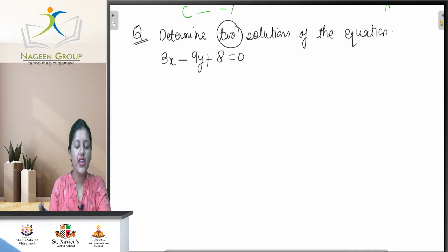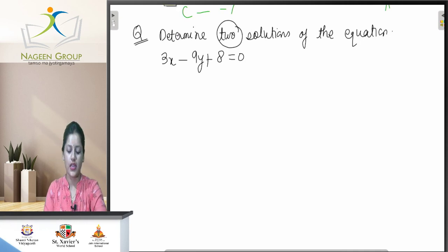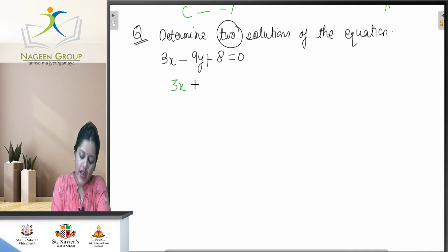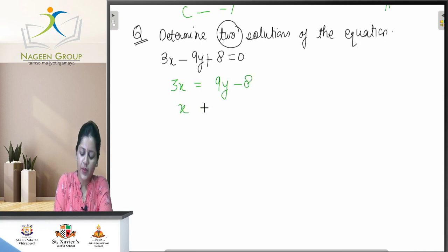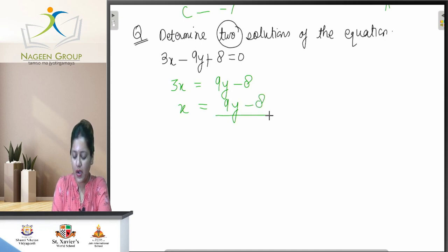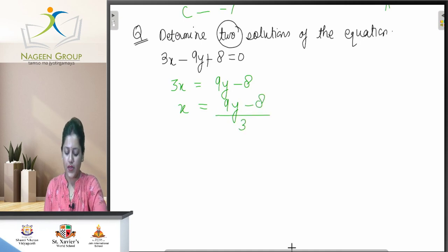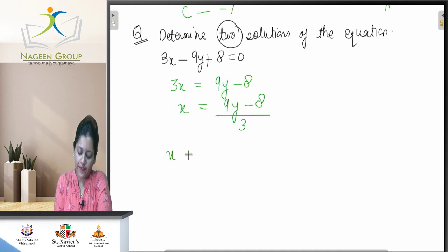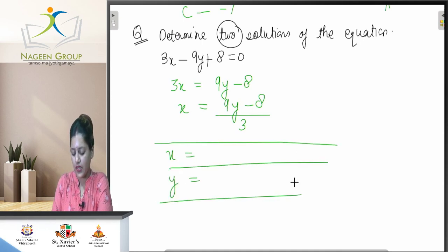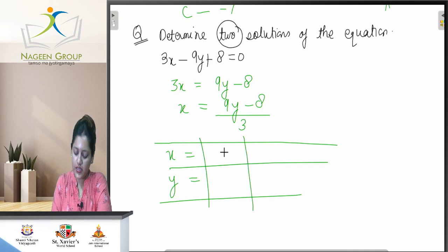So let us make the equation in the form of one variable only. That is 3x = 9y - 8, and we are making it in the form of x, that is x = (9y - 8)/3. Now we have to put two values of y and we get the values of x. The first value is 0 and another value is 1.